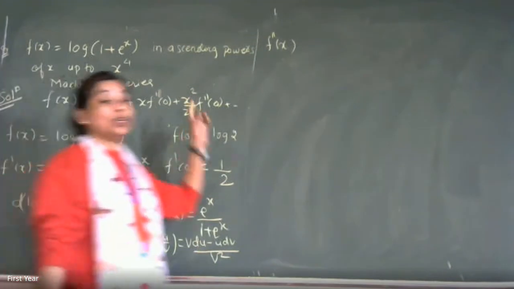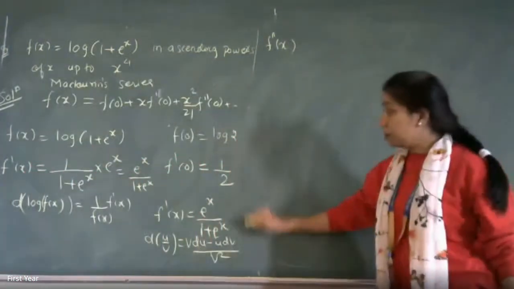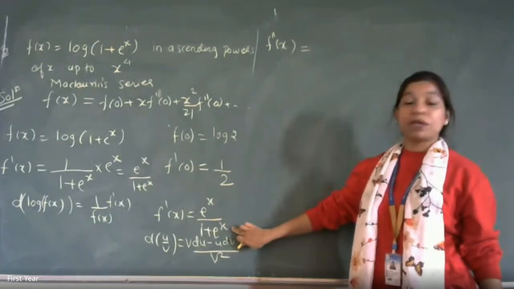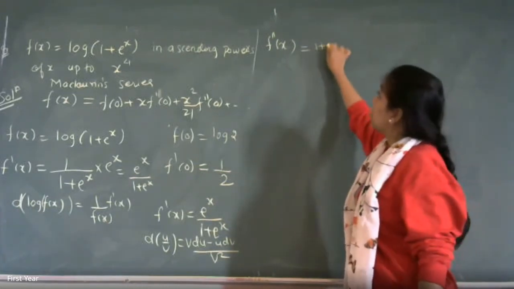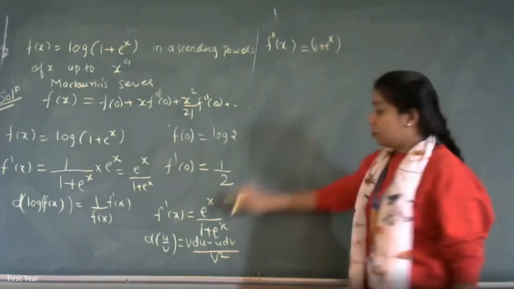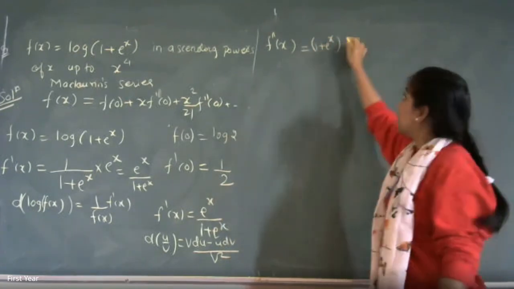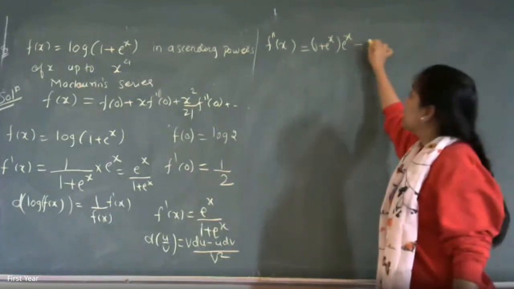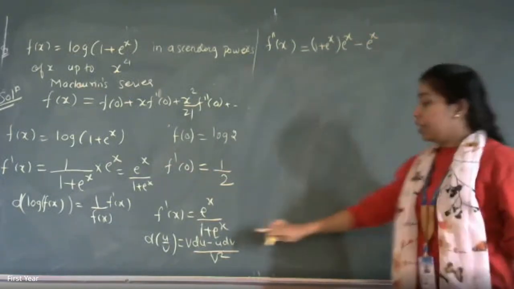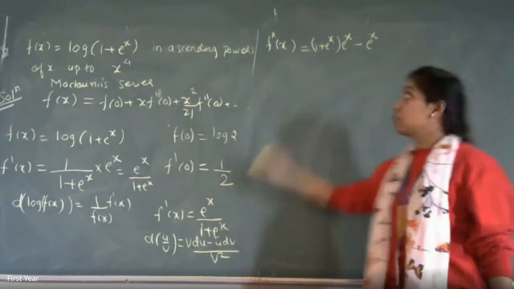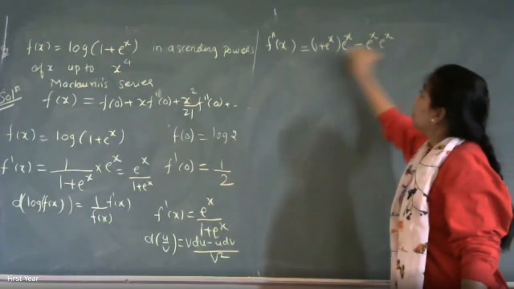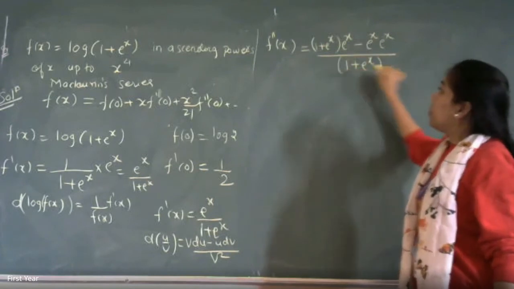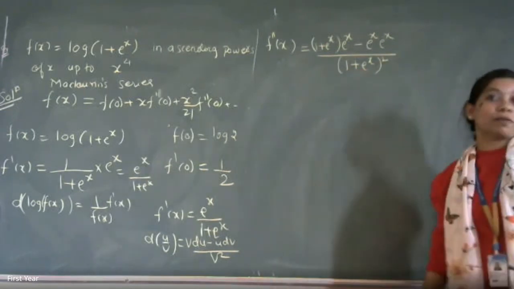So I am going to use it here. How will I use it? Numerator is u, denominator is 1 plus e raised to x. So 1 plus e raised to x into derivative of e raised to x, which is e raised to x, minus e raised to x into derivative of the denominator, which is again e raised to x, divided by v square, that is 1 plus e raised to x the whole square.